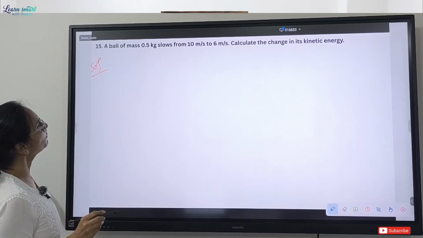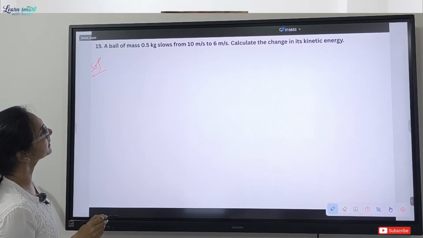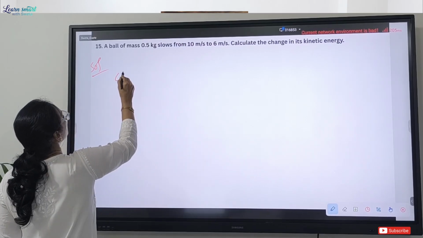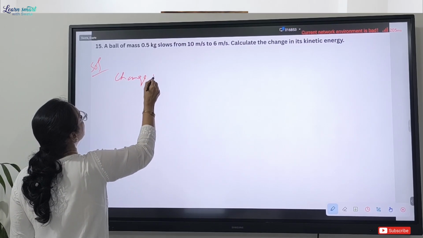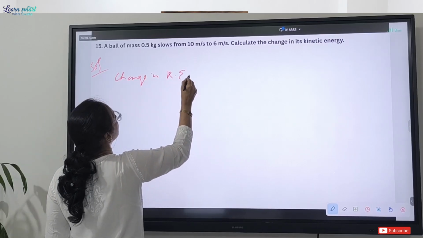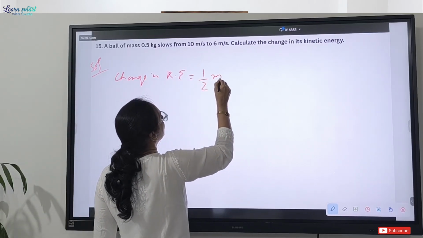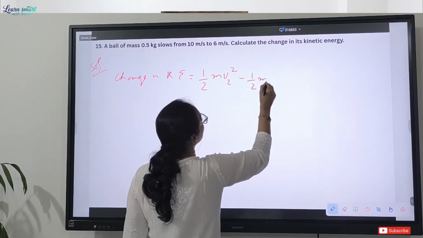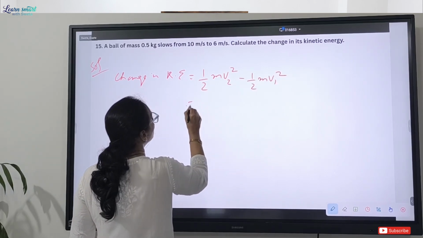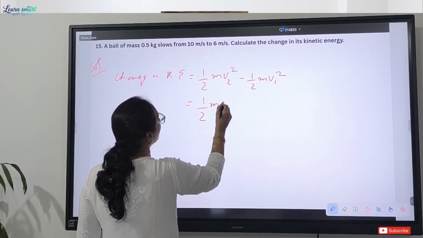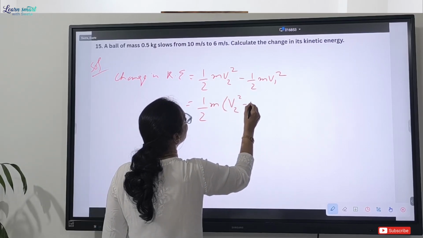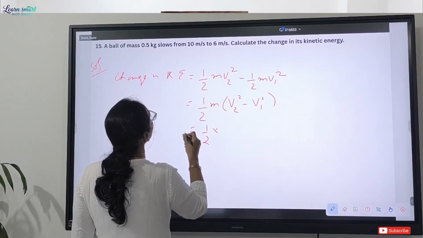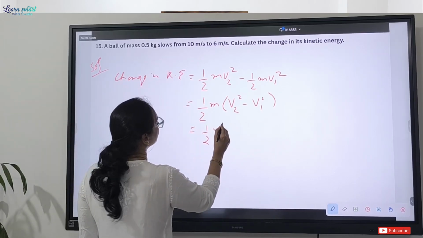A ball of mass 0.5 kg slows from 10 meter per second to 6 meter per second. Calculate the change in its kinetic energy. So change in kinetic energy equals half m v2 square, final velocity, minus half m v1 square. We can take half m common. We will get v2 square minus v1 square, which is 1 by 2 into m, and mass is 0.5.